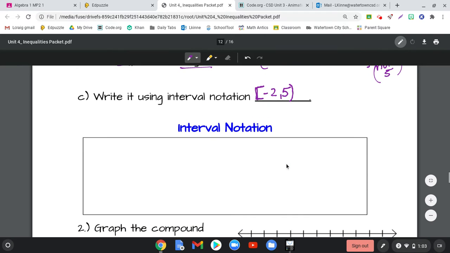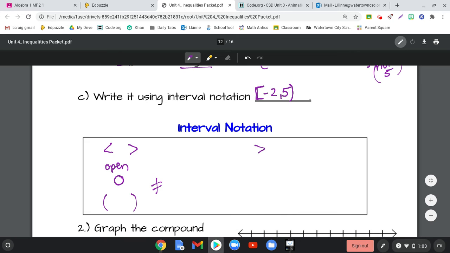All right, so basically with interval notation, if you just see less than or greater than, or if you see an open circle, then you're going to use parentheses at that number. So if it never actually equals the number, if it never actually gets there, you're going to use parentheses.